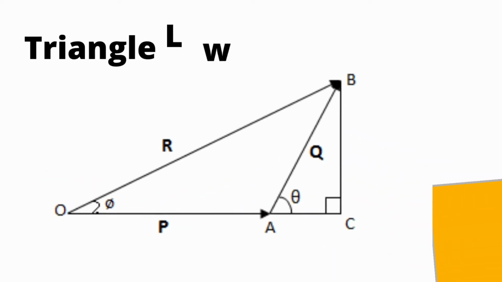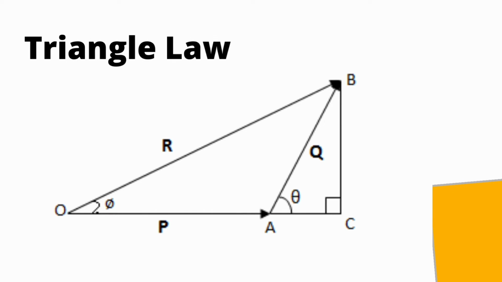Now let's consider this diagram. The two vectors represented as two sides of the triangle with the order of magnitude and direction are OA and AB, that is vector P and vector Q. The third side of the triangle represents the magnitude and direction of the resultant vector, and that is OB.